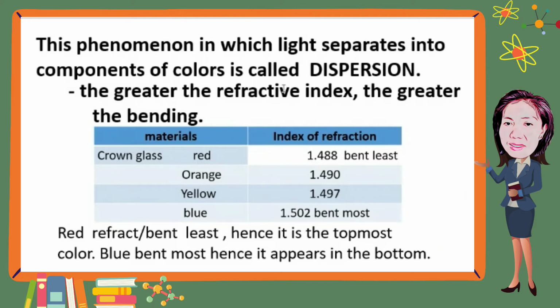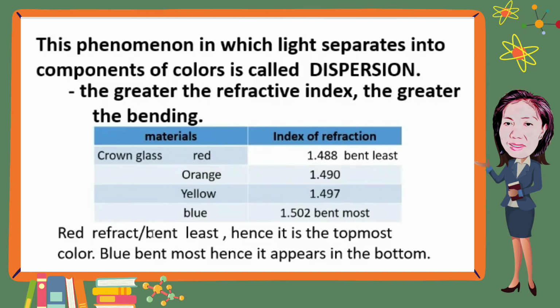And the greater the refractive index, the greater the bending. So which of the 7 colors bend most? Violet po. Very good. So therefore, ang mga purple or violet has greater index of refraction. Okay, kasi nag-bend siya masyado.